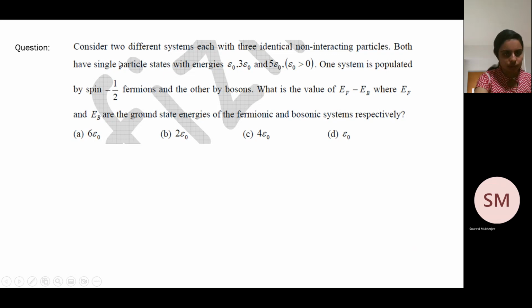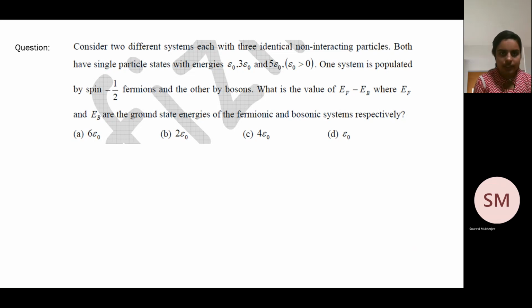And both have single particle states with energies given as epsilon naught, 3 epsilon naught, and 5 epsilon naught. Now, one system is populated by spin half fermions and the other by bosons, right? You want to find the ground state energies of the fermions and the bosons, and see what is the difference between the two.